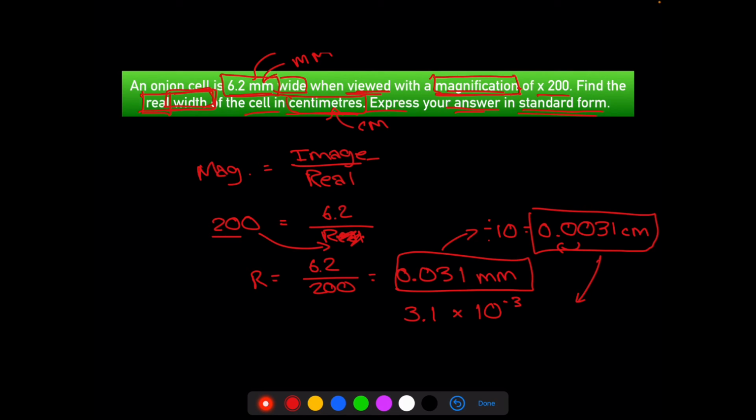Because it's minus 3 because you're moving the decimal point 3 times, from 0.0031 to 3.1. And the number that you're expressing in standard form has to be between 1 and 10. So 3.1 times 10 to the power of minus 3 centimeters is your answer. That is the width of the real cell, of the onion cell.